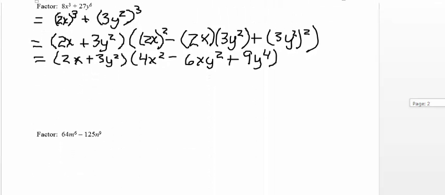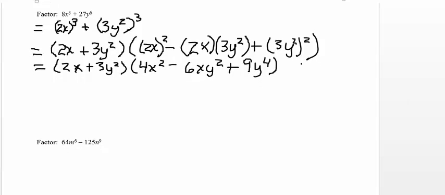Okay, let's look at factoring 64m to the 6 minus 125n to the ninth. Notice there are no letters common to both terms, and there is no integer that divides evenly into 64 and 125. So I'm going to write this as a difference of cubes.